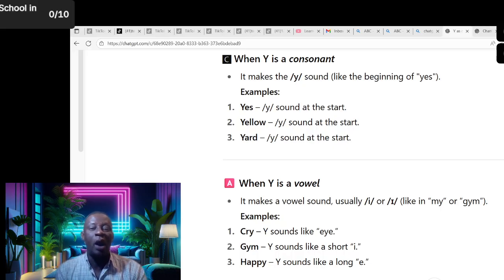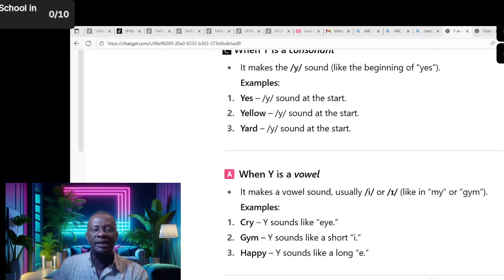When Y is a vowel, it makes a vowel sound, usually I, like in my. Remember, in my, it's a vowel because you hear it like I. Or in gym, it sounds like I. My, gym. Okay.